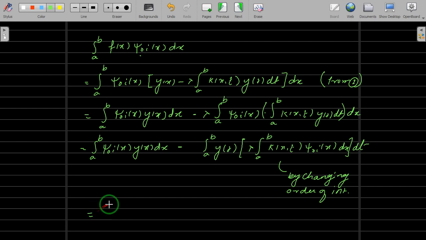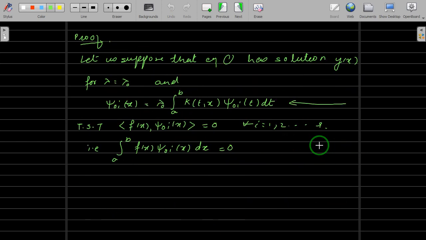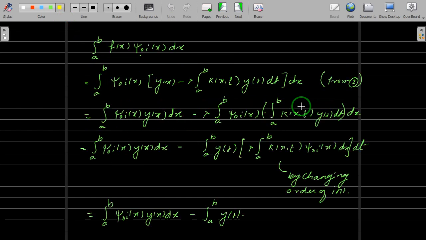This is equal to, this is as it is, integral a to b psi 0 i of x y of x dx minus this integral a to b y(t) is there, and this bracket is nothing but your psi 0 i of x, this equation, right? So I can put this entire bracket as psi 0 i of t, not x.